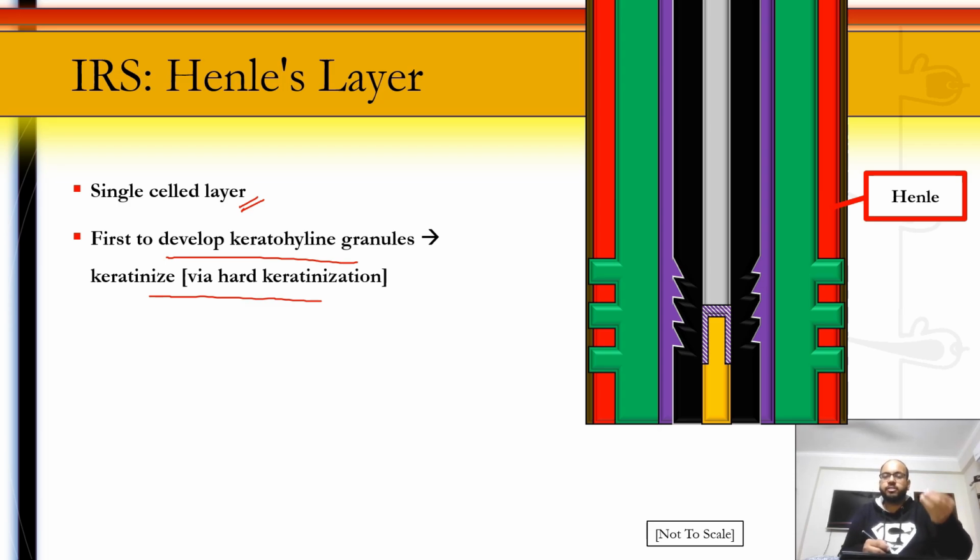Why? It is the first structure to form keratohyalin granules. Clear? So this could be a very good viva question or a quiz question. The first structure to keratinize is Henle's layer. So I'll be using Henle's layer and Henle layer interchangeably. Just don't mind. Clear? Let's move forward.